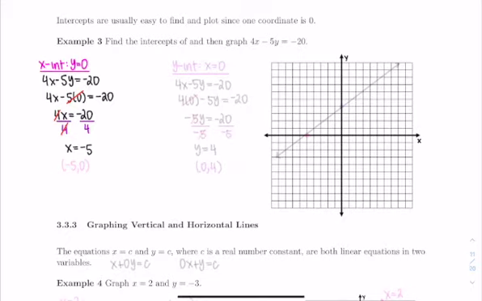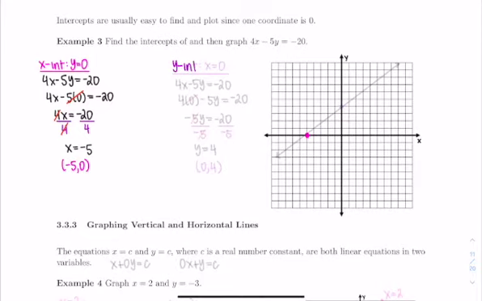That means we have the point (negative 5, 0), because we let y be 0 in the first place. So let's plot that. We've got (negative 5, 0), and we need to find the y-intercept.